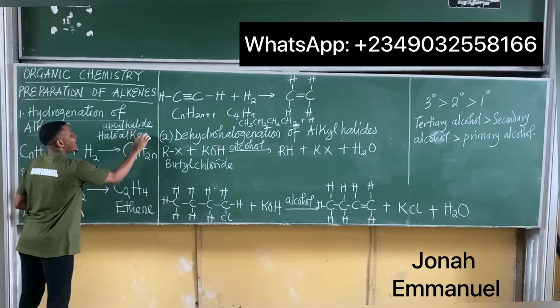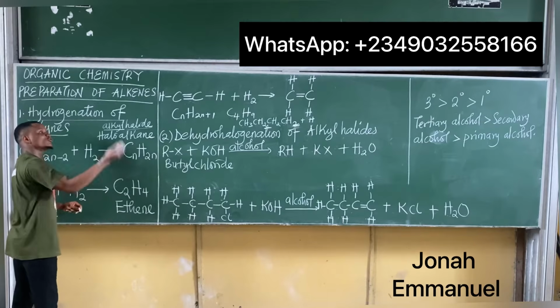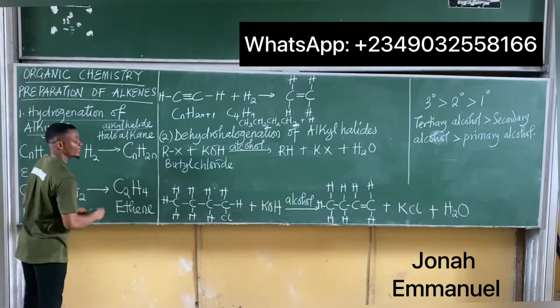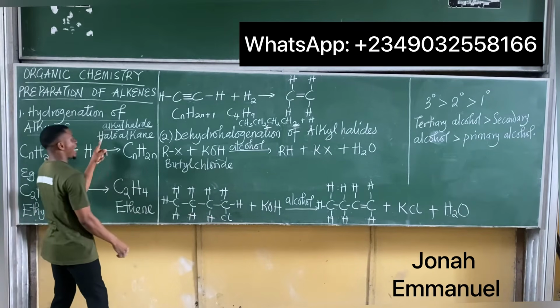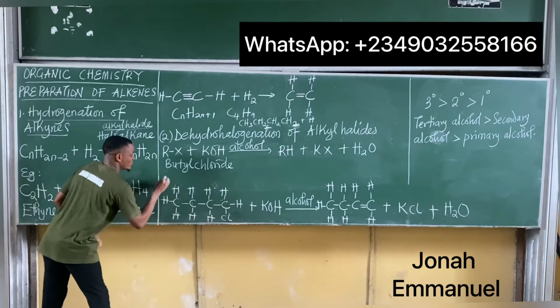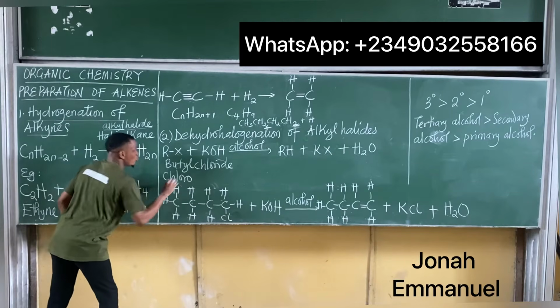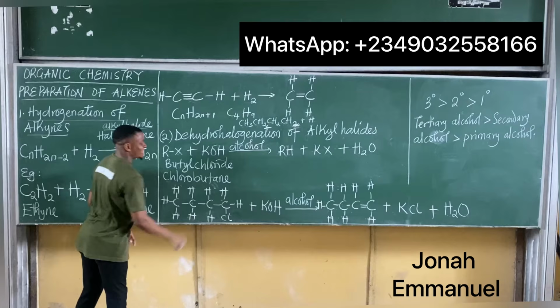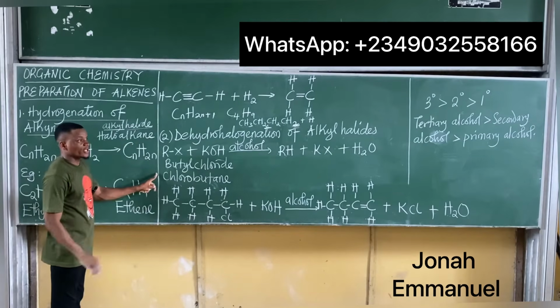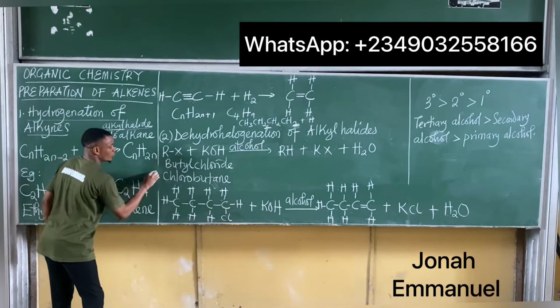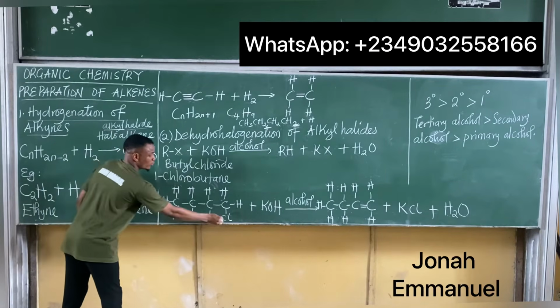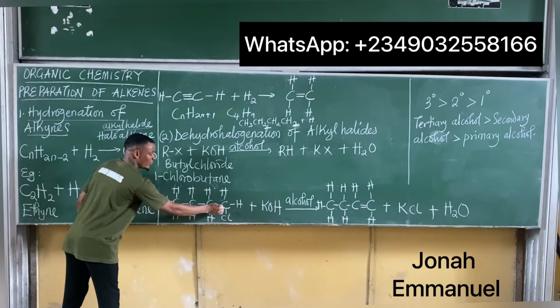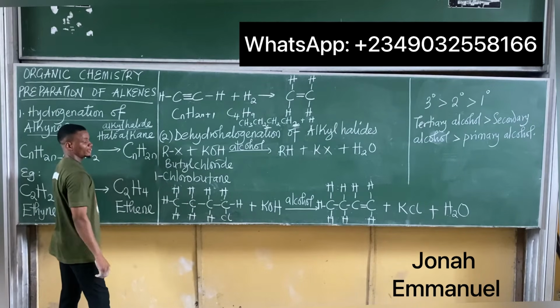For haloalkane, I'm calling the halogen first before the alkane. If I call the halogen first, chloro, it becomes chlorobutane. That's the name. Or better still, 1-chlorobutane. By adding 1, I am showing that the chlorine is attached to carbon 1. So 1-chlorobutane. That's the name.